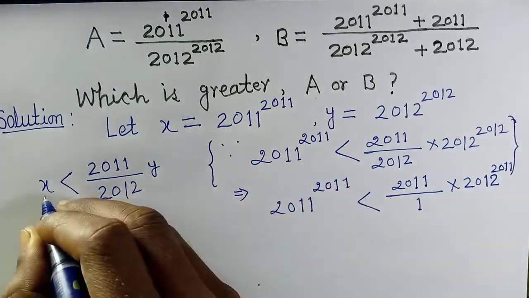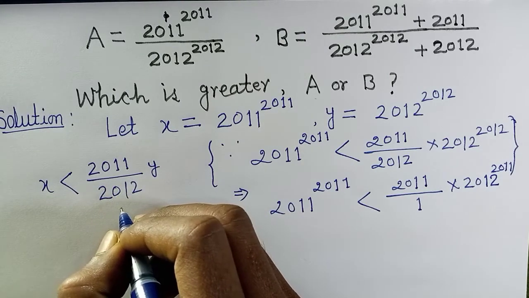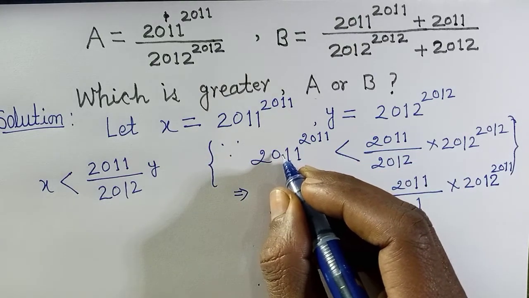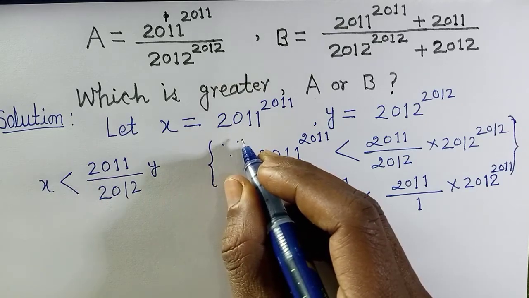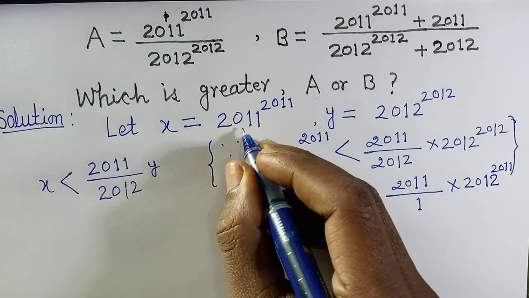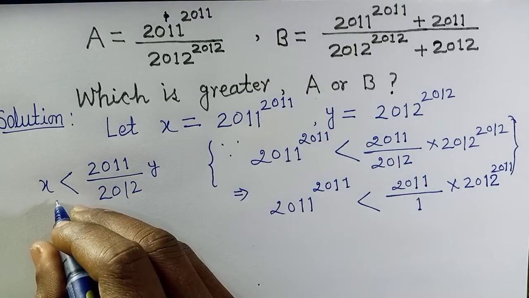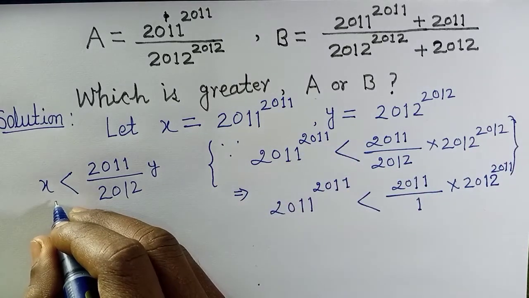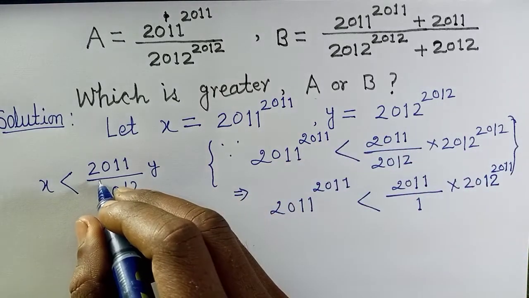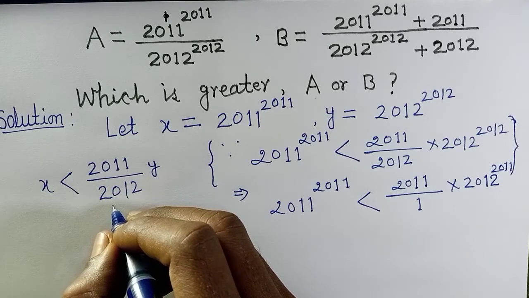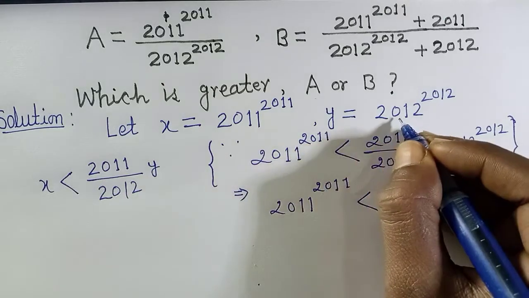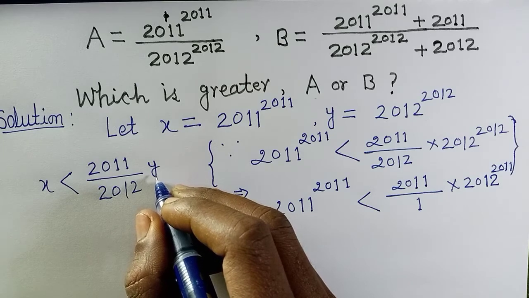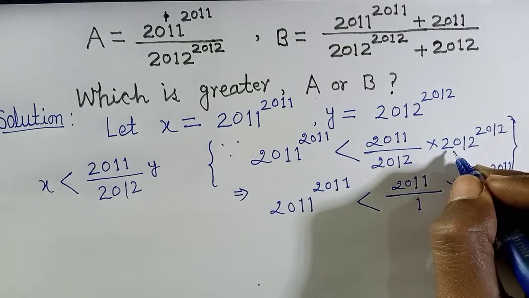So x is less than 2011 over 2012 times y, and by substituting the values of x and y, x is here 2011 to the 2011, so it will be 2011 to the 2011 is less than 2011 over 2012 times y, where y is 2012 to the 2012.